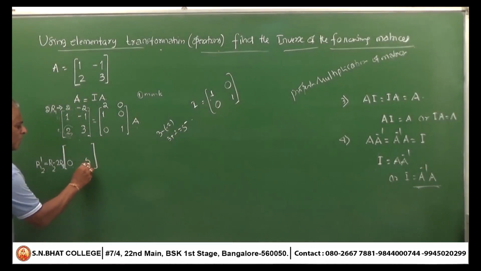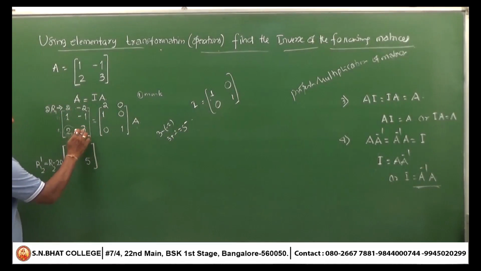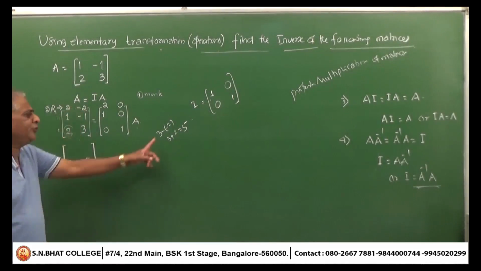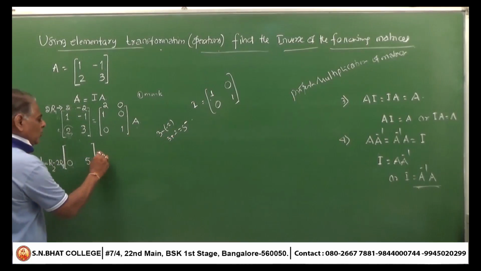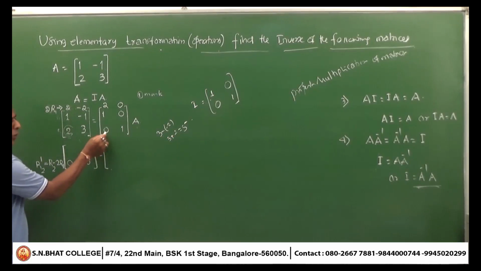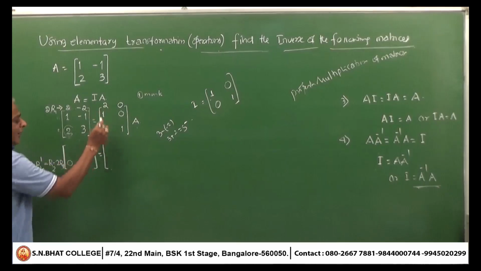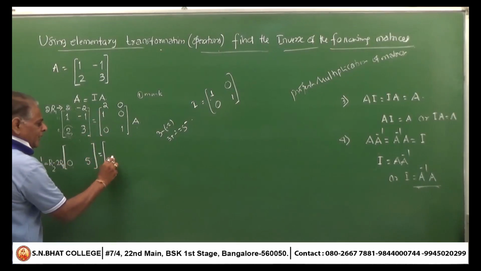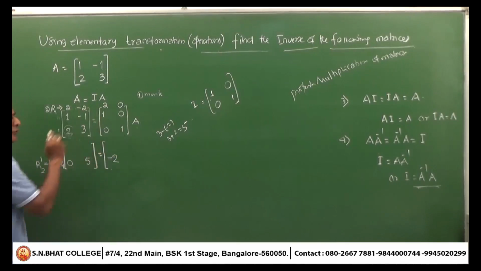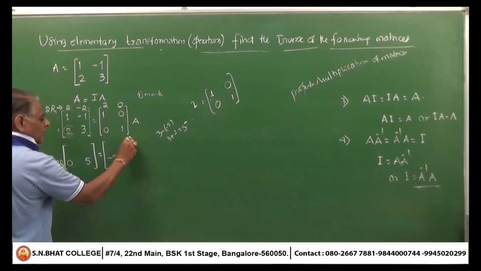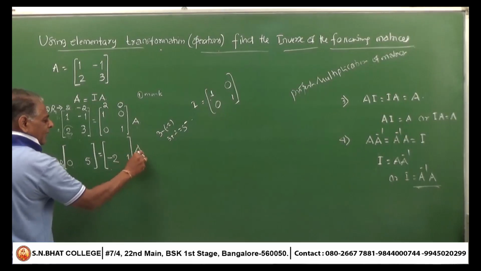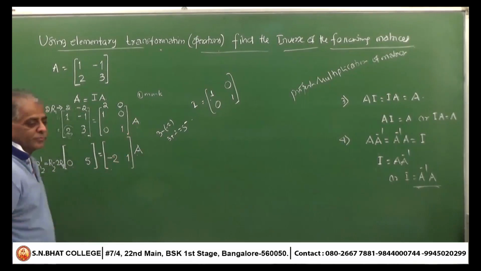On the right hand side matrix also you have to do this: R2 is 0, minus 2R1 which is 2, so 0 minus 2 is minus 2. Next, 1 minus 0 is 1. Close the bracket, write A as it is.